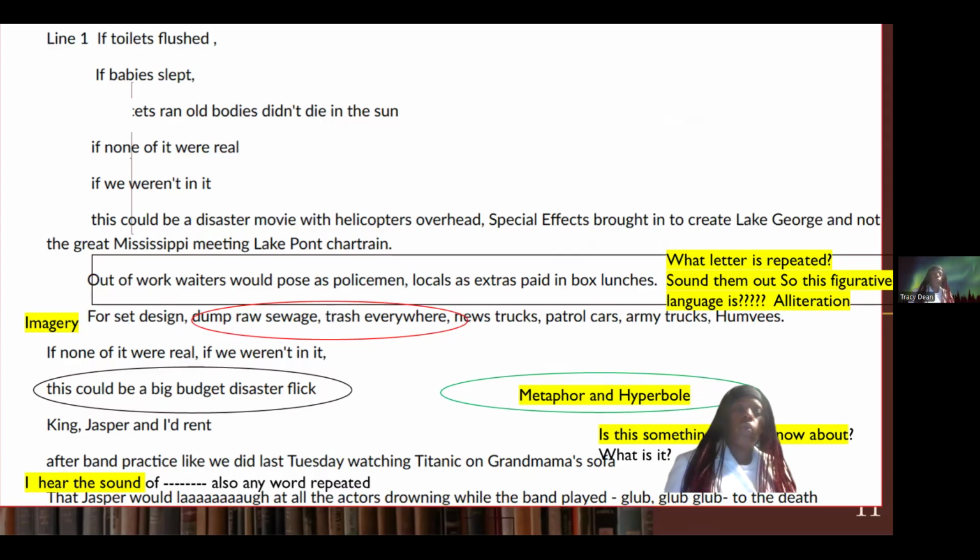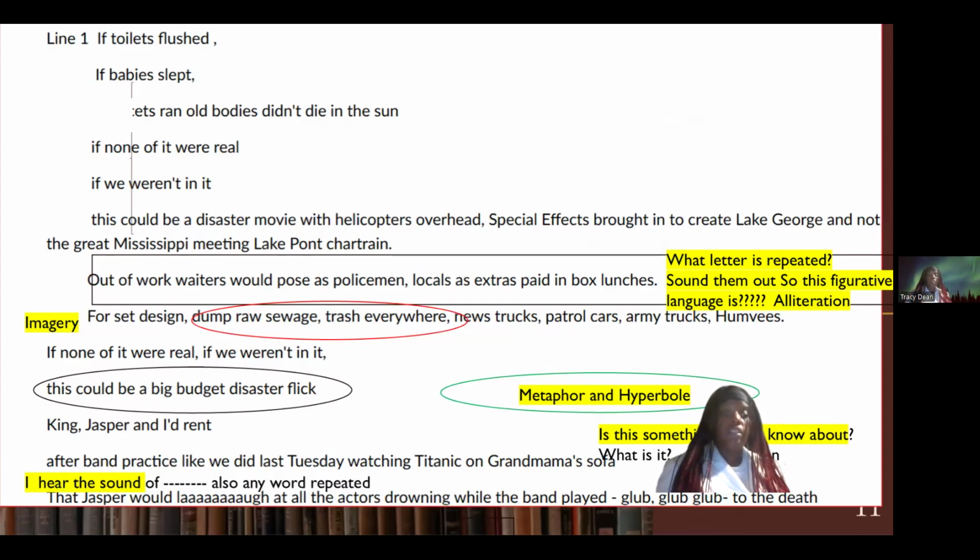Work, waiters, would. Pose. See, two P's: pose, policemen. I like that. Work, waiters, would. And you just see some alliteration.